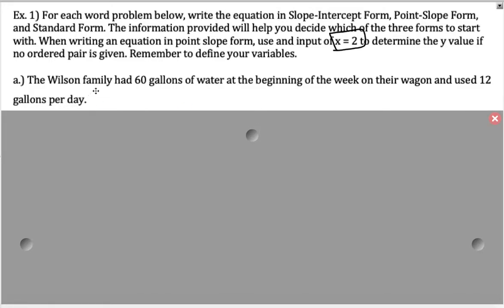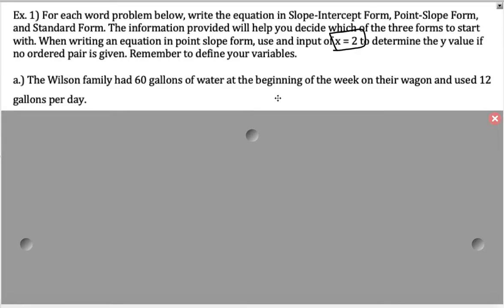So let's look at this first example, A. It says the Wilson family has 60 gallons of water at the beginning of the week on the wagon, and they use 12 gallons per day.